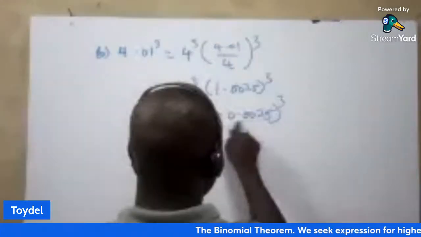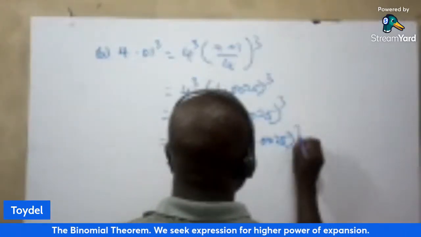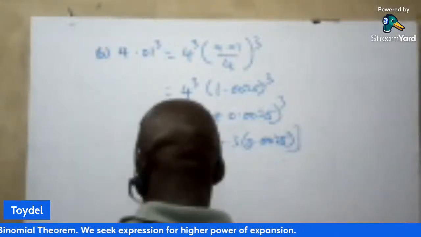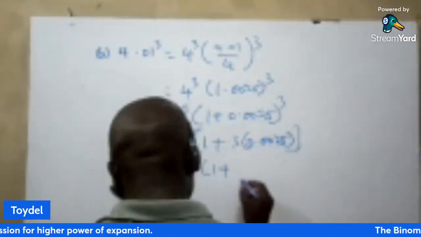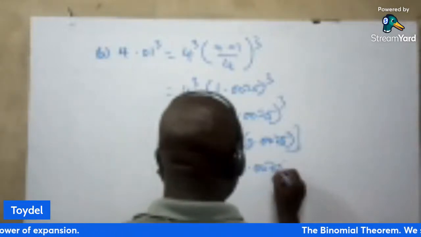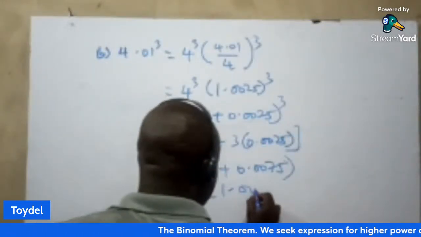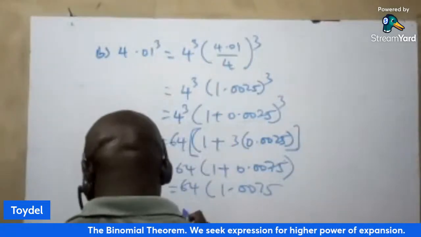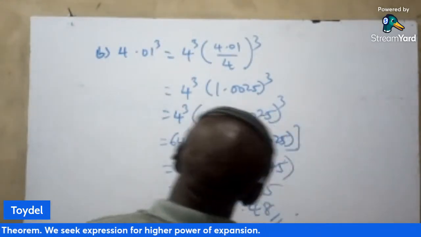The value of x in the linear approximation is 0.0025. That's what I'm going to get here. Then if I solve that, I'm going to get 64 into bracket 1 plus, when 3 multiplies that, I'm going to have 0.0075. Then here, I'm going to have 64 multiplied by 1.0075. Then if I use 64 to multiply this, I'm going to get 64.48. And that's what I'm going to get.